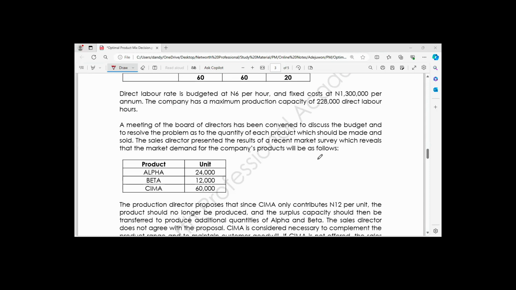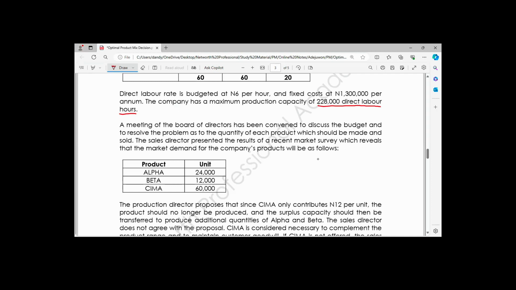The company has a maximum production capacity of 28,000 direct labor hours. A meeting of the board of directors has been convened to discuss the budget and to resolve the problem as to the quantity of each product which should be made and sold.